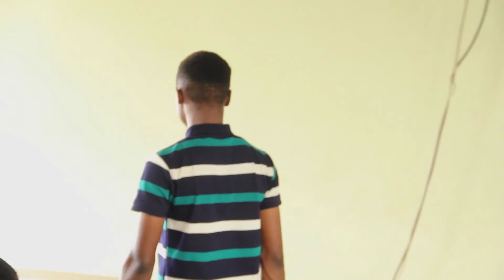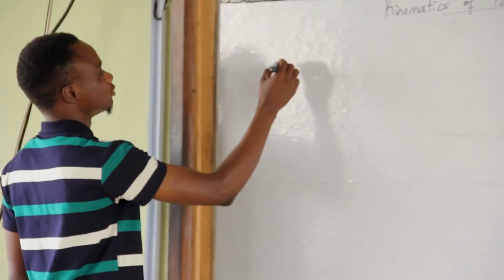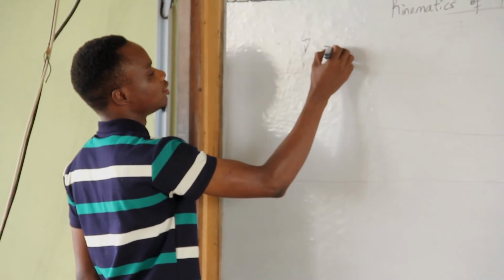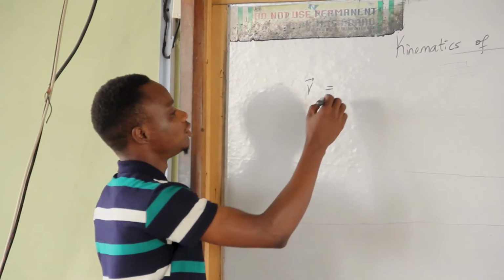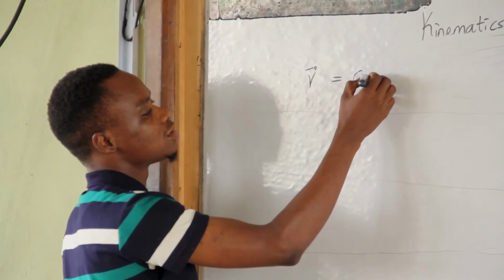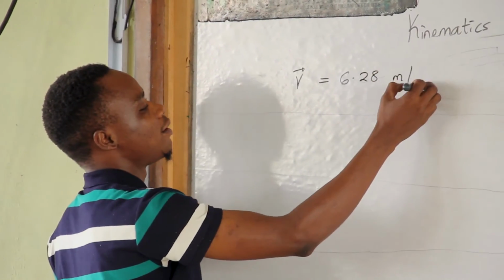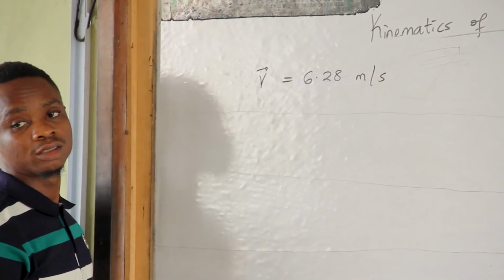Alright, so you can do the same thing now for t equal to 1.5 seconds. Do the B part. The velocity, what did you get? 2 pi. 6.28 meters per second.